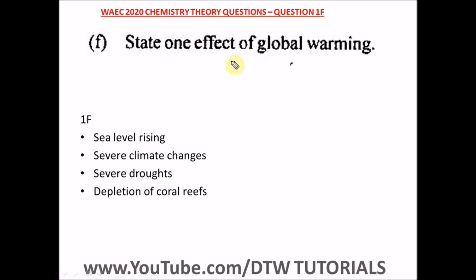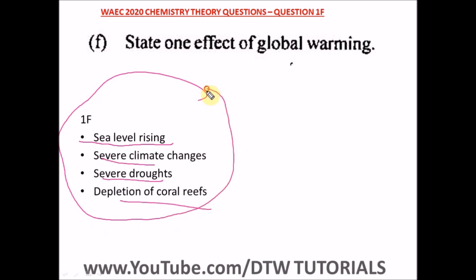The effects of global warming: sea level is rising continuously, we have severe climate changes, severe drought, and depletion of coral reefs. Coral reefs are underwater structures made of skeletons of marine invertebrates.